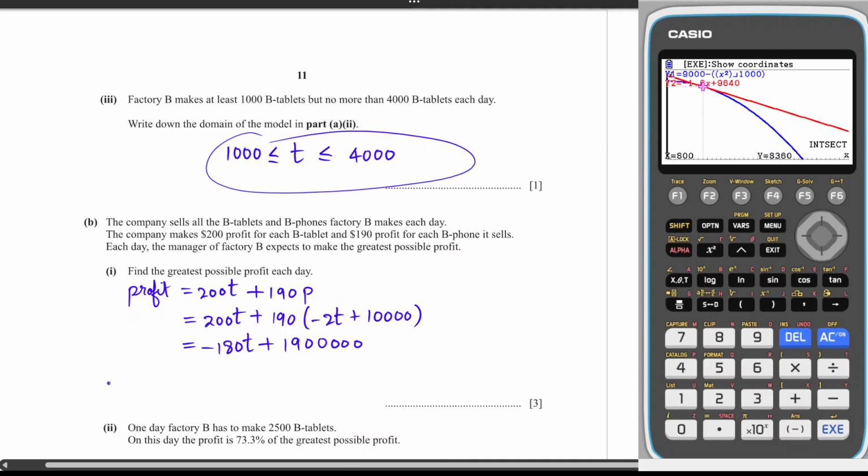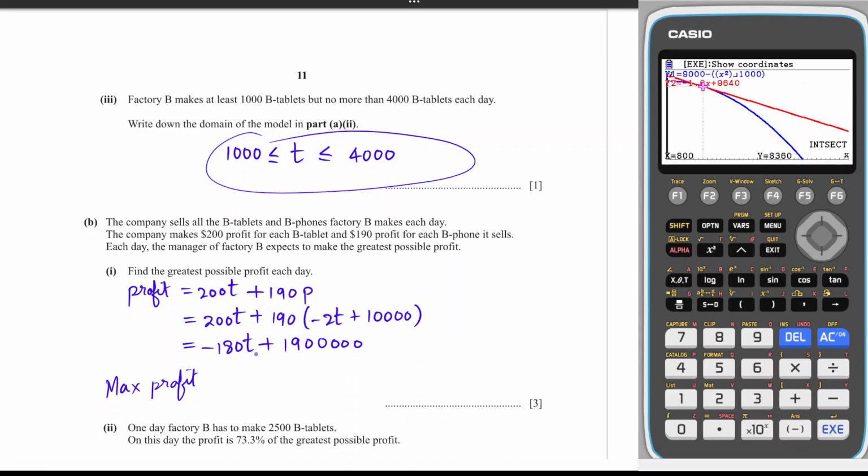So the maximum profit is when this T is minimum, that is equal to minus 180 into 1000 plus 1,900,000. So we can just check this out.